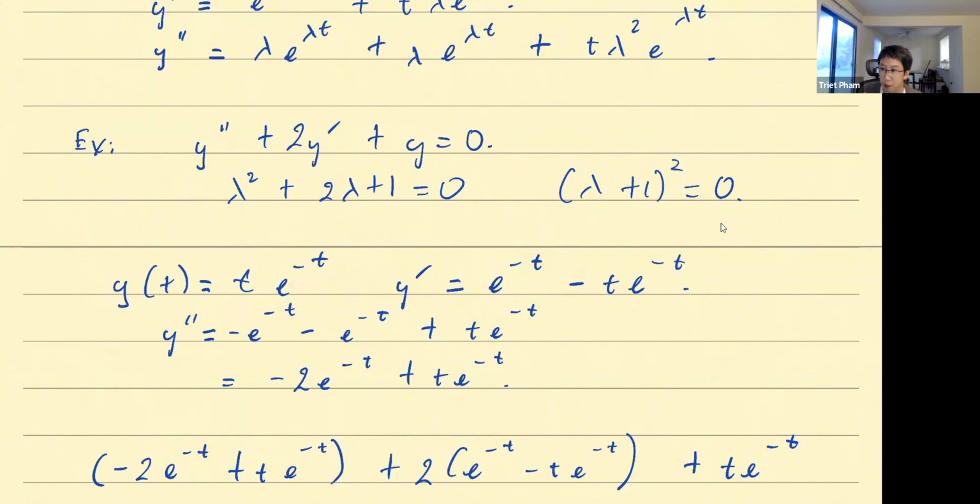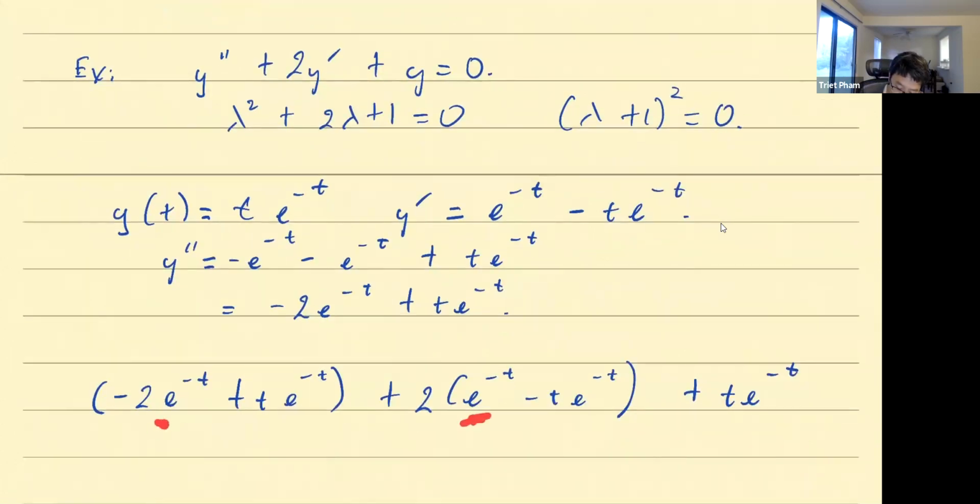So it breaks it down into two groups. One group is pure exponentials, and the other group is the group with the t in front. These are two separate functions that must perfectly cancel out so that the right-hand side is equal to 0.